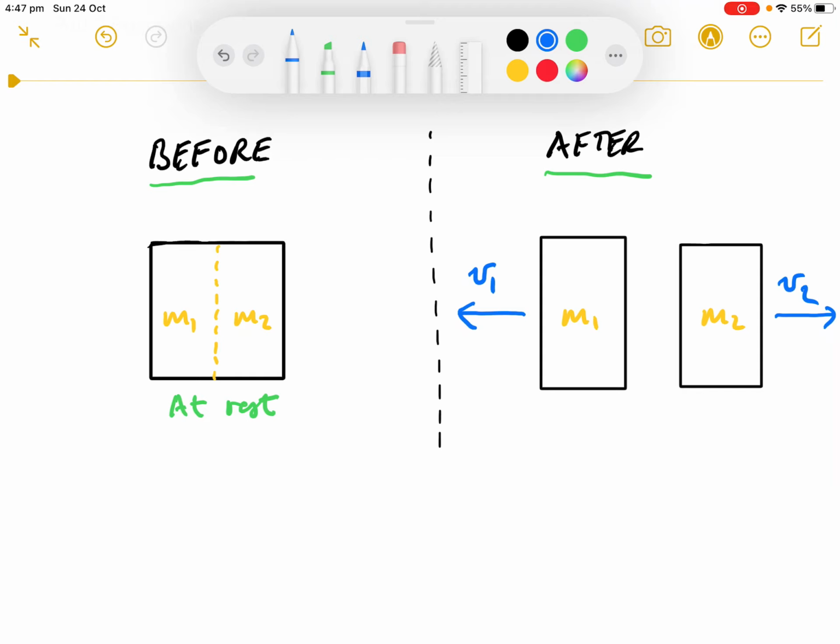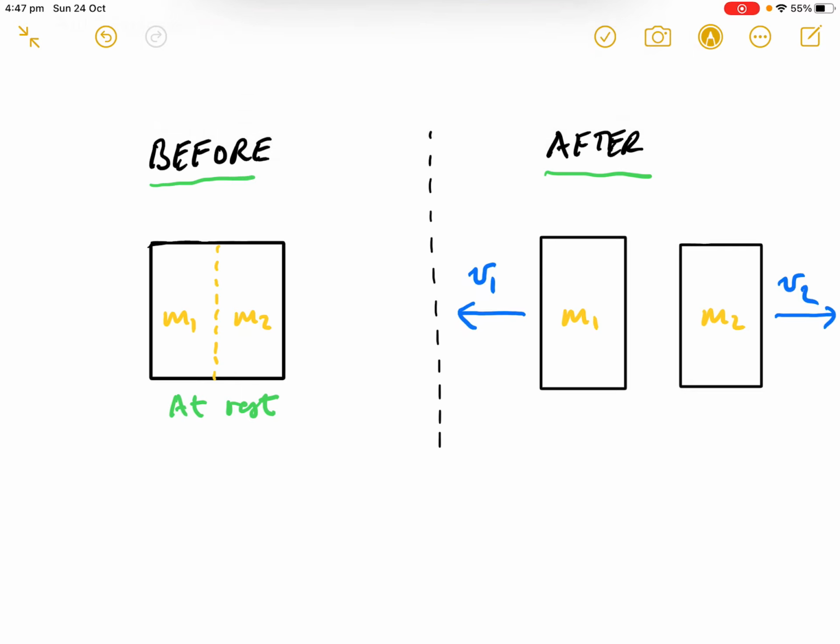Now notice they're going in opposite directions to each other. That is required by the law of conservation of momentum, because clearly M1 has momentum to the left, therefore M2 must have momentum to the right, which is equal and opposite to the momentum to the left, because there is zero momentum beforehand. So let's see how this works then.